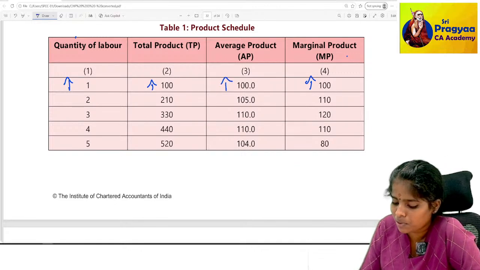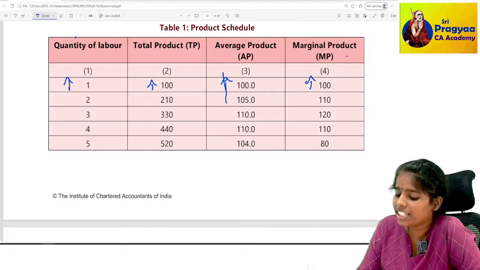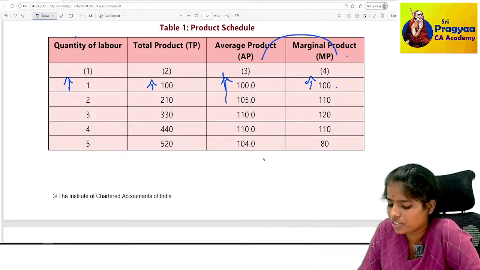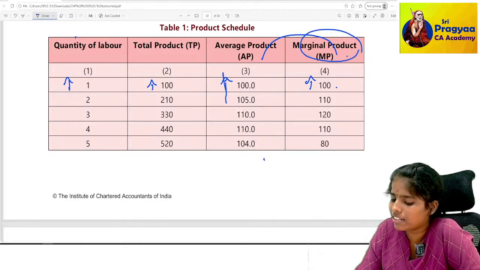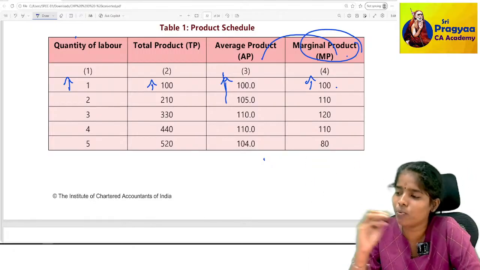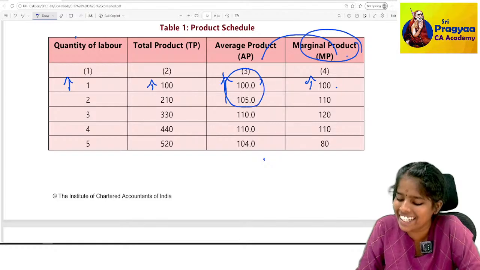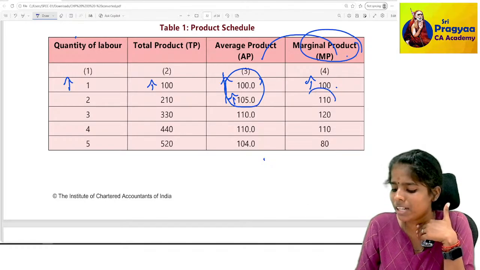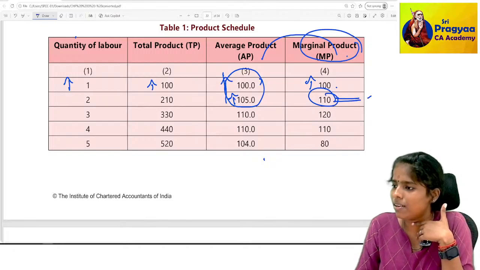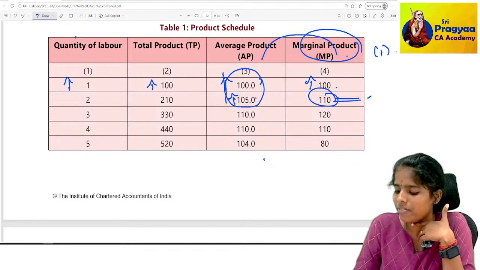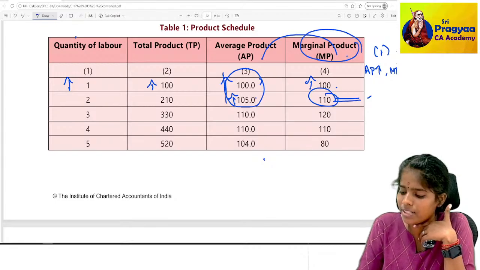When my average product increases, my marginal product is higher than my average product. The marginal product curve is higher than my average product. இங்க இப்போ 105 increase ஆகிறப்போ my marginal product is 110, more than that of average product. This is my first relationship. When average product increases, marginal product is more than average product.